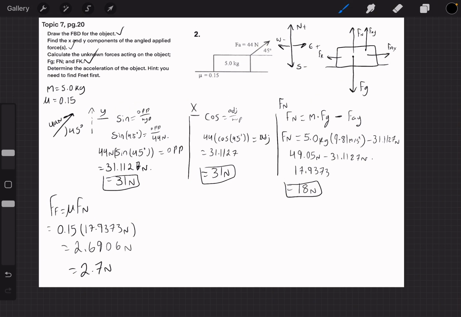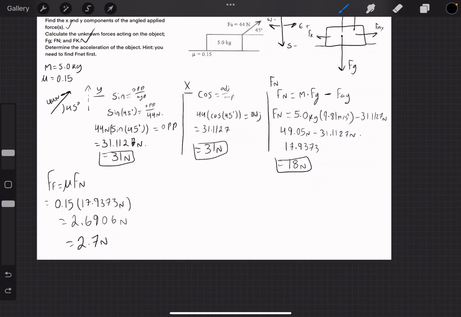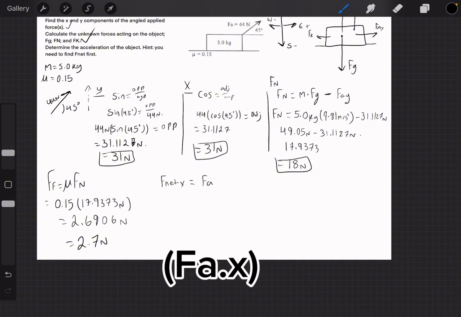And now determine the acceleration of the object. Hint, you need to find the F-net first. Perfect. The object is going to be accelerating in the x direction. So to find the acceleration, we're going to do F net x is equal to FA plus FK.